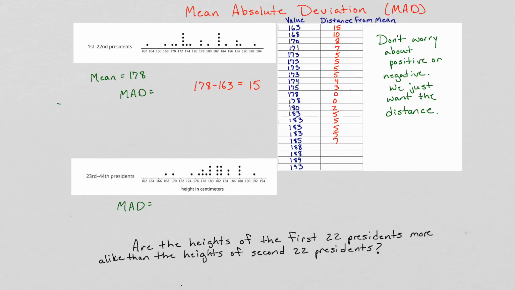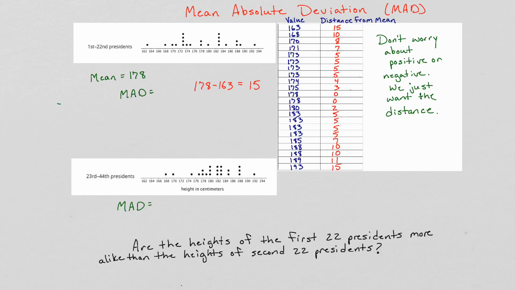When we get down here to 178, there's no distance between the mean and the value, so we have 0. Going down here, I didn't quite finish the chart, so 188 minus 178 is 10, right? So we have 10 here, 11 here, and 15 again here.